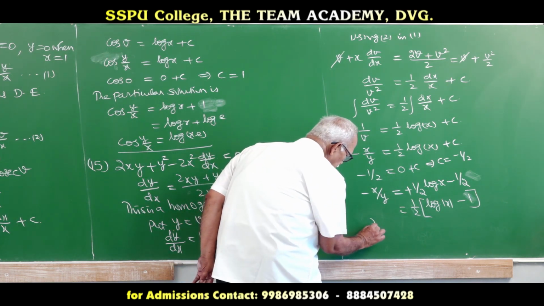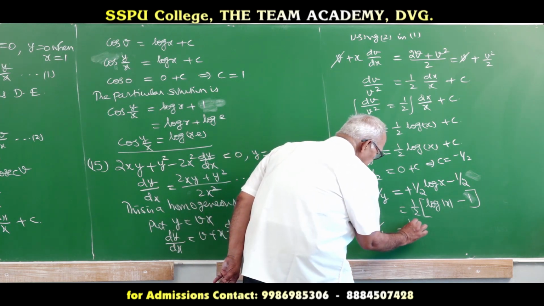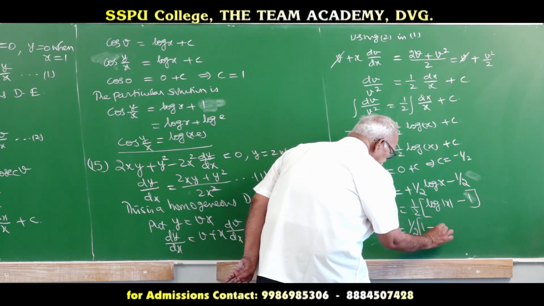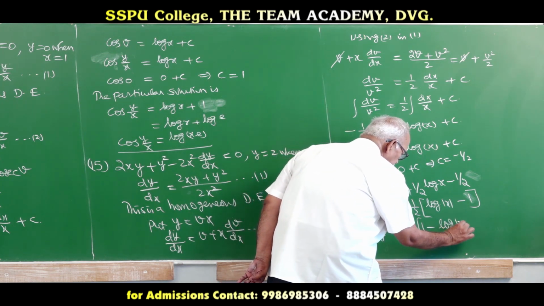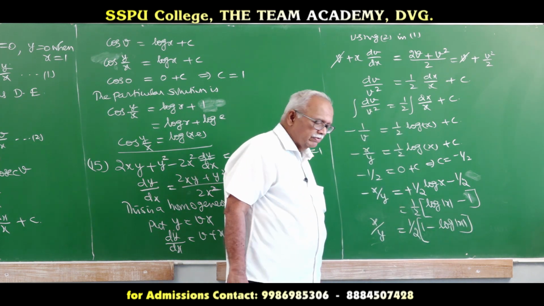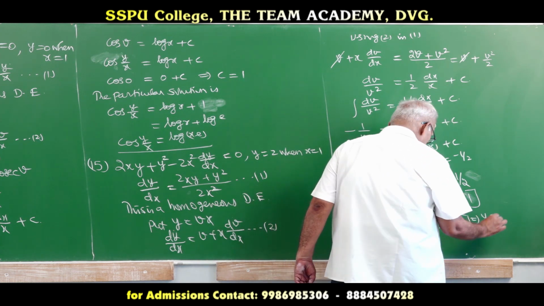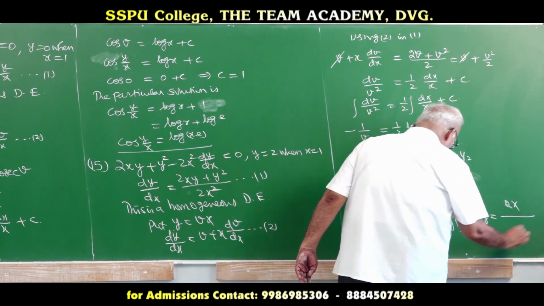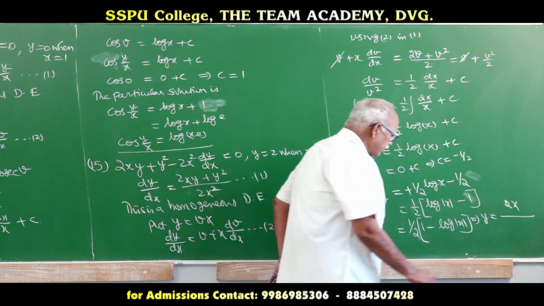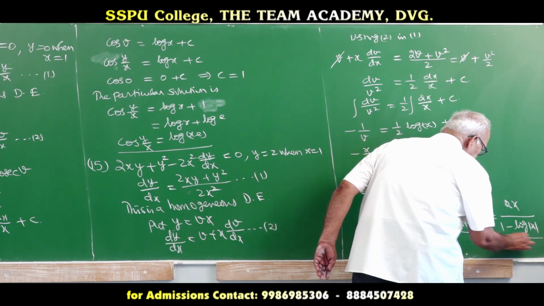So, what is x by y? X by y is equal to 1 by 2 into minus sign we have taken to the other side. So, 1 minus log x. Now, from this you take the value of y, that is this implies y is equal to 2x by 1 minus log mod x.